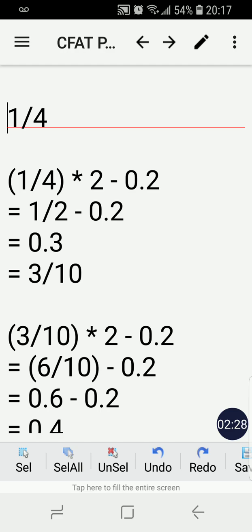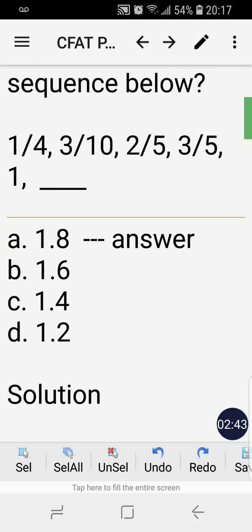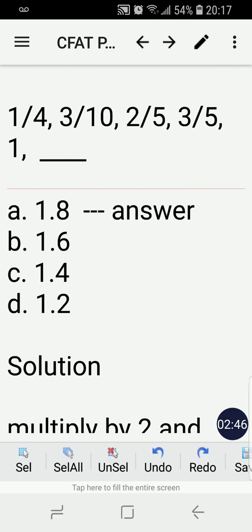So 0.5 minus 0.2 is equal to 0.3. The fraction form of 0.3 is 3/10. So that's the second number in the sequence.